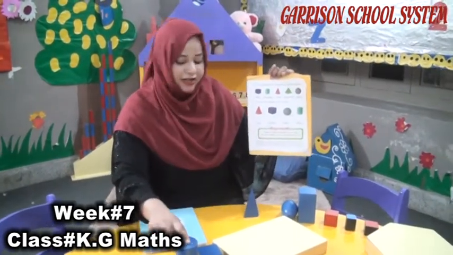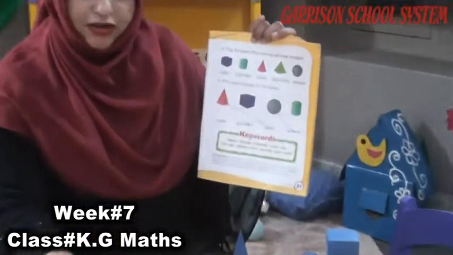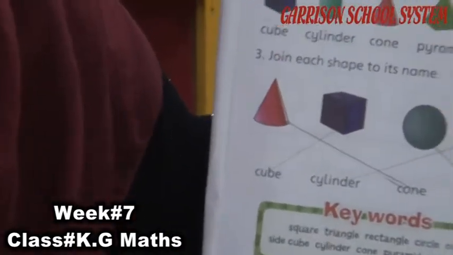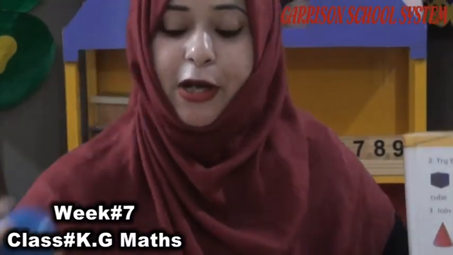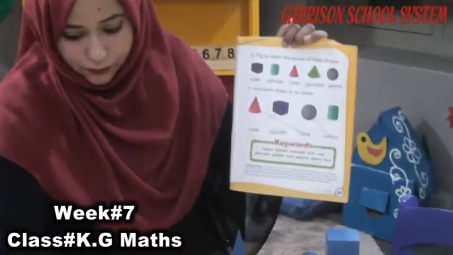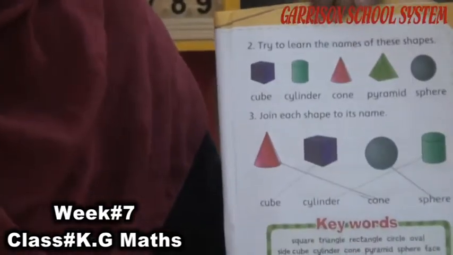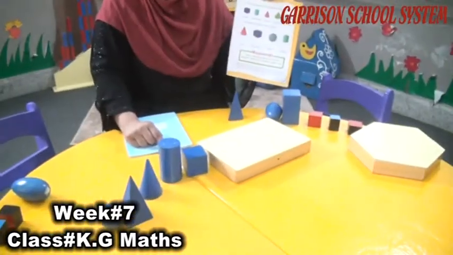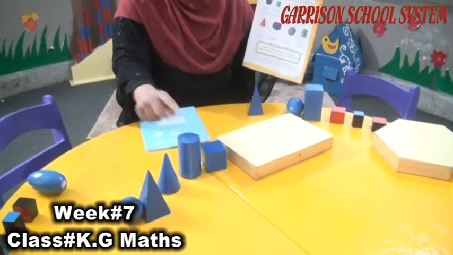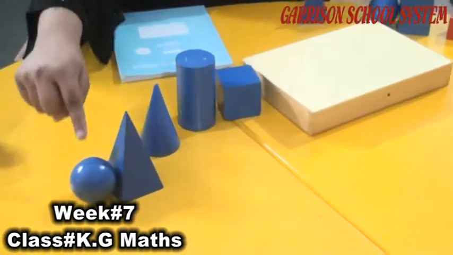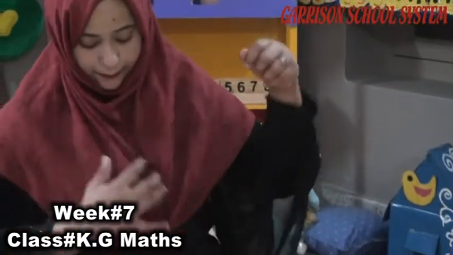And sphere. These are all the shapes that we have to learn today: cube, cylinder, cone, pyramid, then sphere.